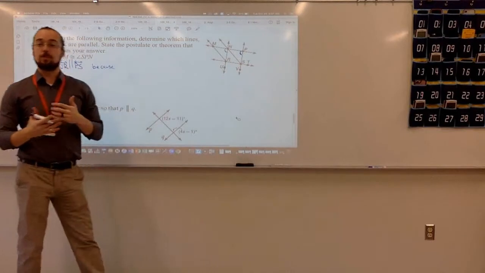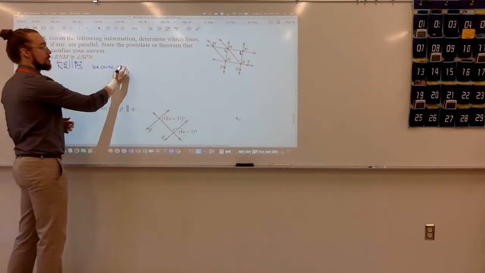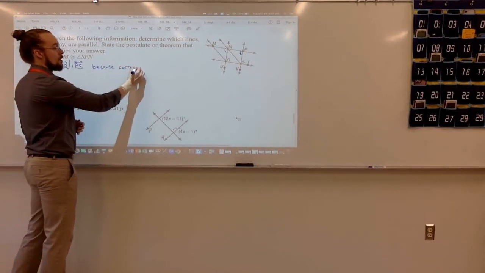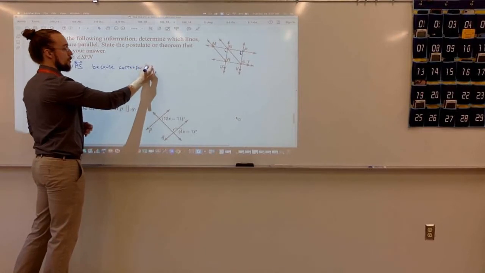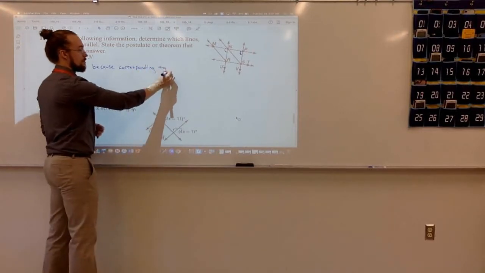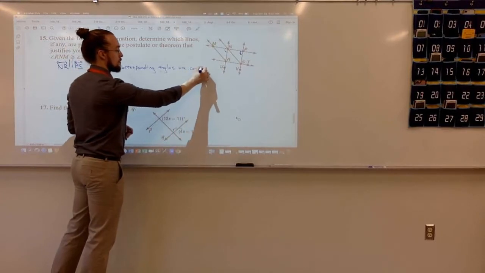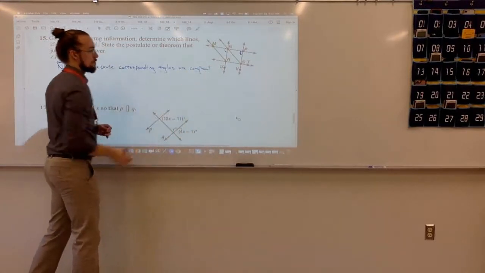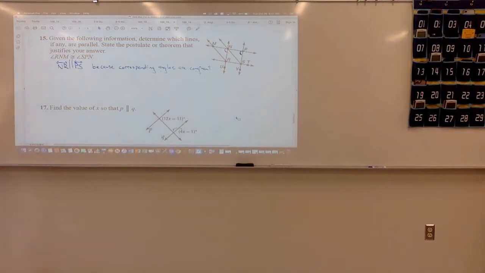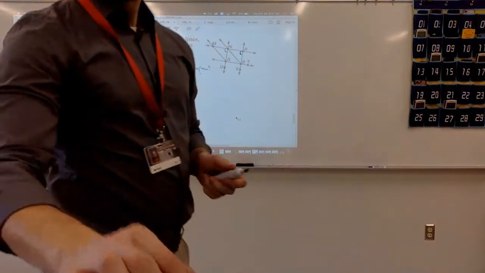These two angles would be corresponding angles. So I can say because corresponding angles are congruent. You okay with that one?